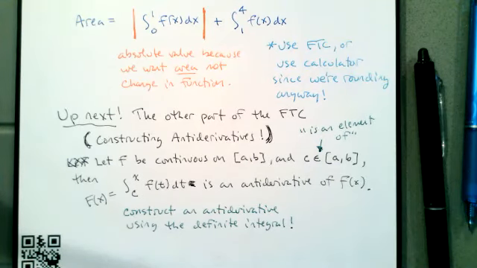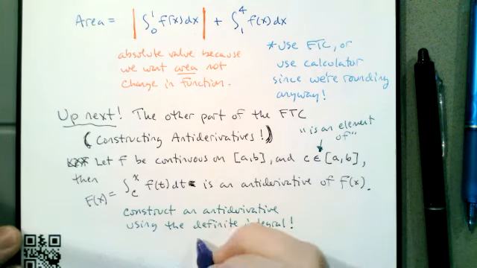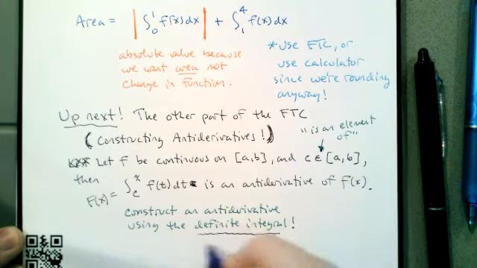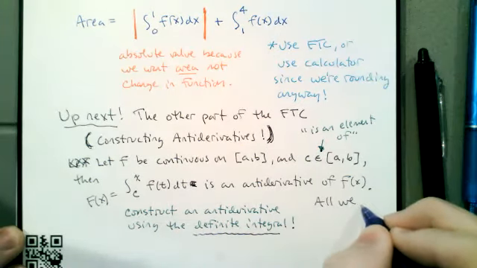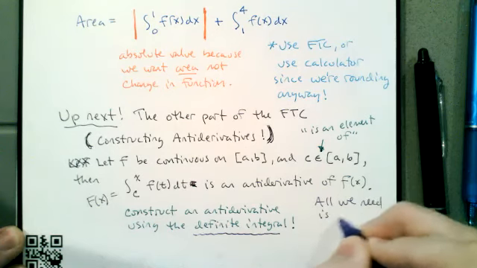The reason that this is a big deal is that we can approximate definite integrals with area. So all we need to construct an antiderivative is length times width. This part is the big deal. All we need is area.